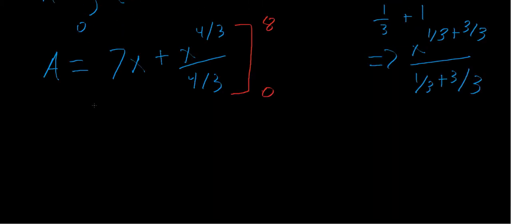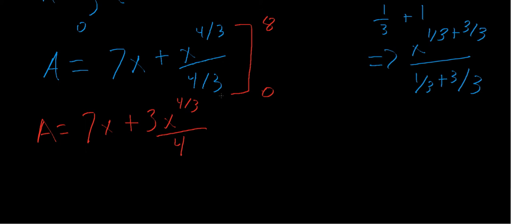But before we do that, let's change around. A equals 7x plus, let's go ahead and simplify this part further. Now we have x to the 4/3, so over a fraction, over 4/3 is the same as saying over 4 times 3.